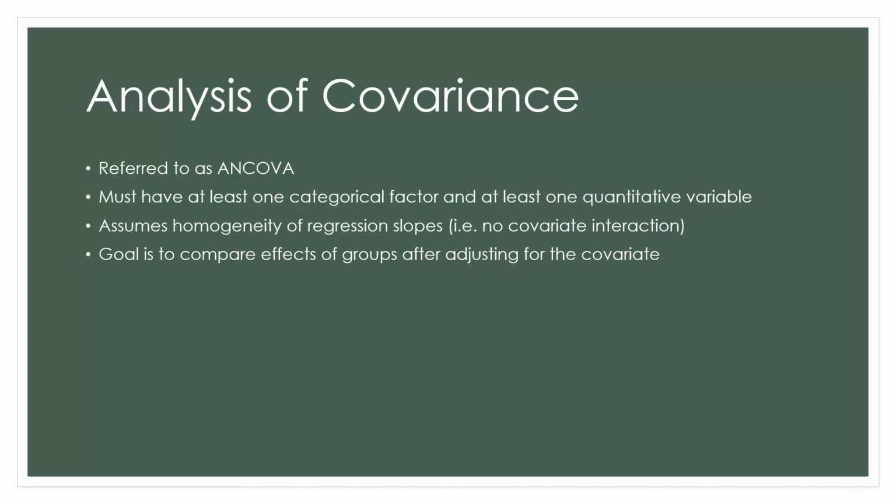So now it seems to make sense that we do the same thing when we have a categorical variable and a quantitative variable, namely that we look at the effects of the categorical variable after controlling for the effects of the quantitative variable. And that is indeed the goal of analysis of covariance.